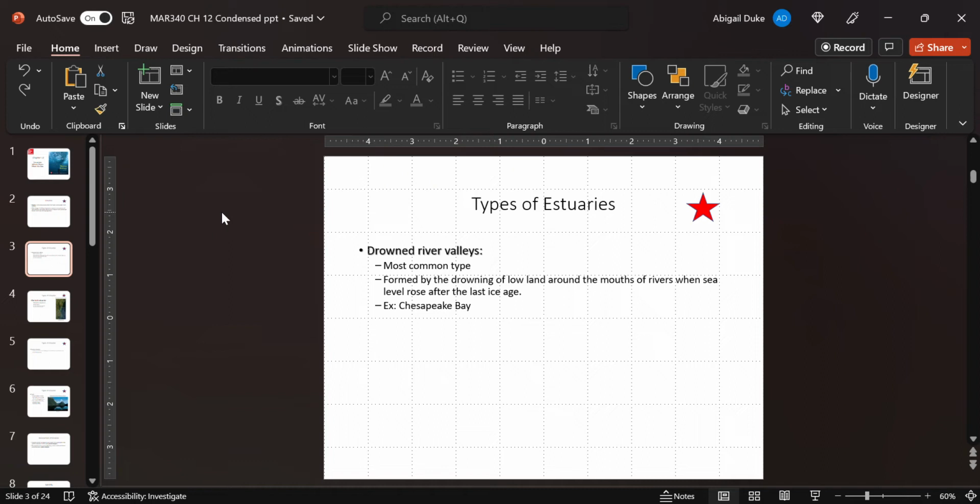Let me see if I can read some more. So drowned river valley is the most common type, so you see them the most.